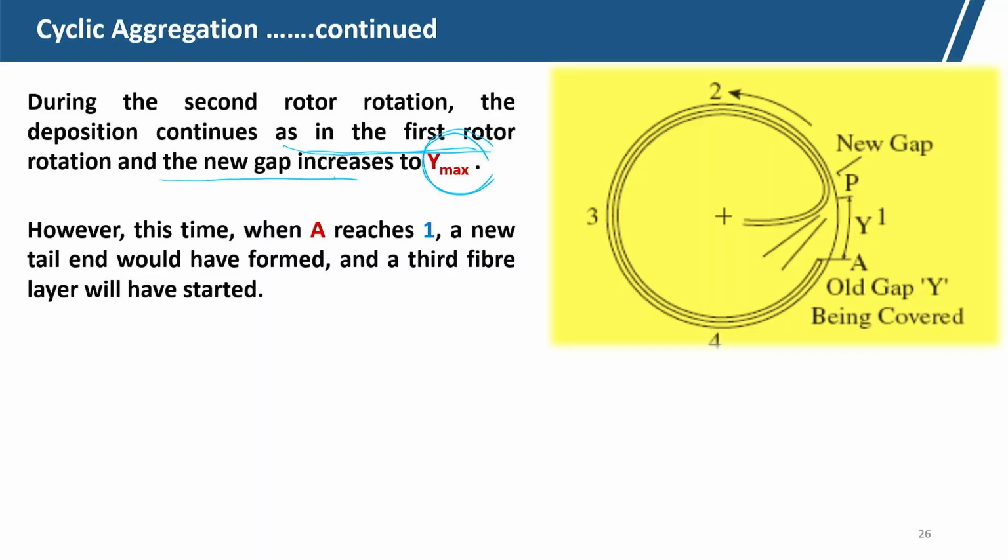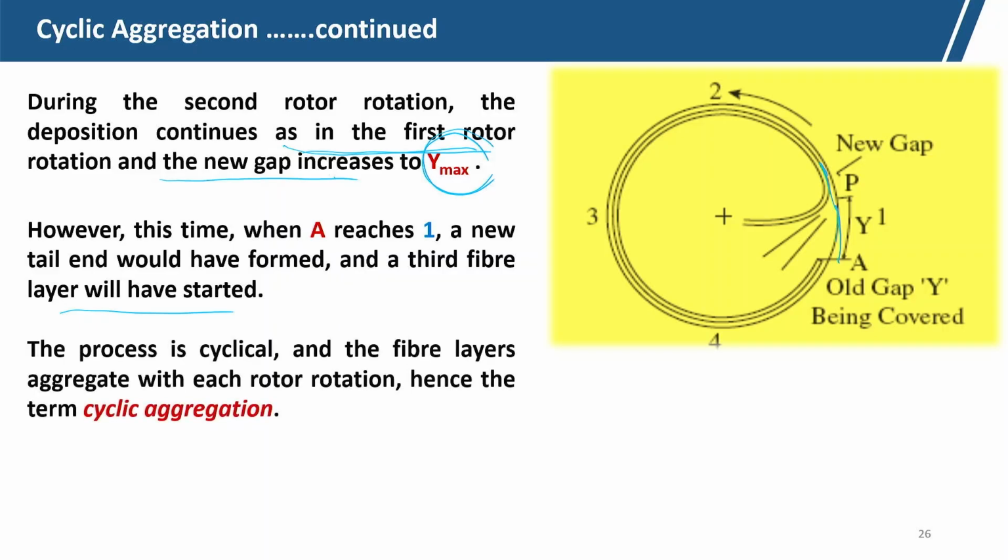However, this time when A reaches 1, a new tail end would have formed and the third fiber layer would have started. So, at this point the new tail end will form and then the third layer will form. The first layer has gone with the P initial layer, the second layer was formed, then the third layer would have started.